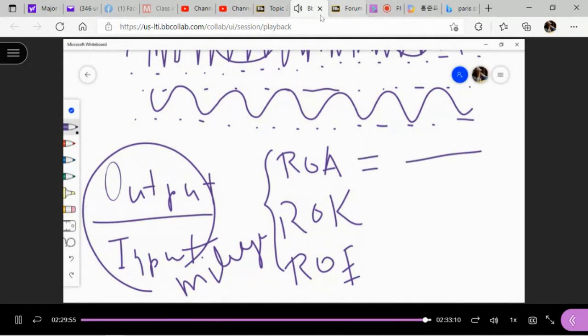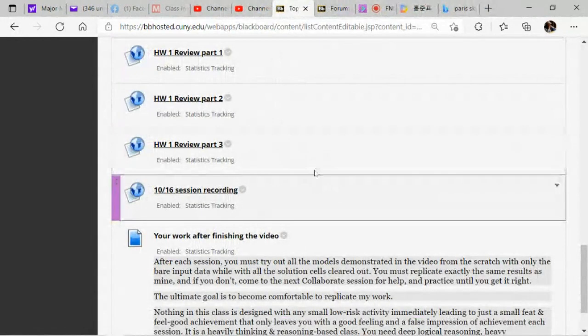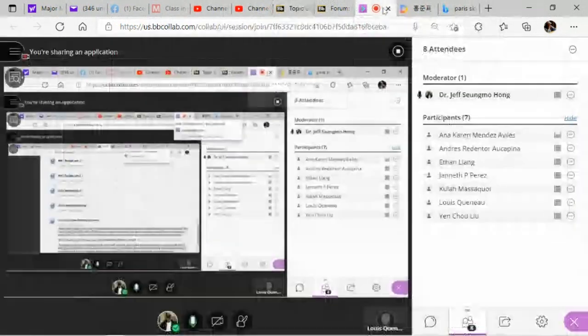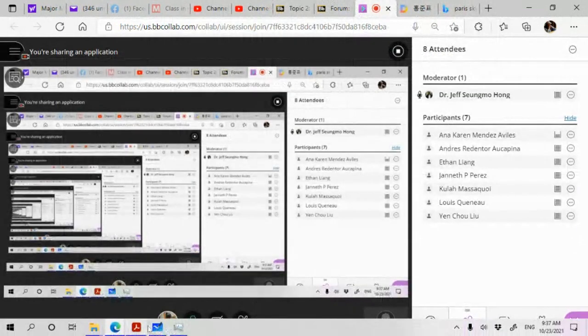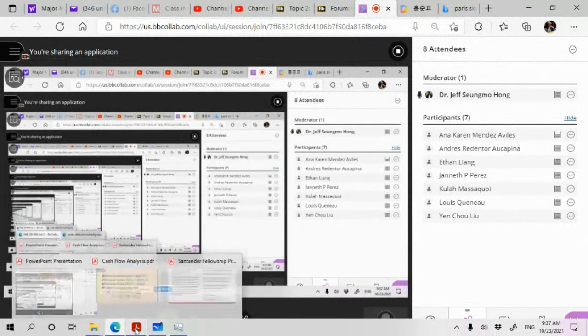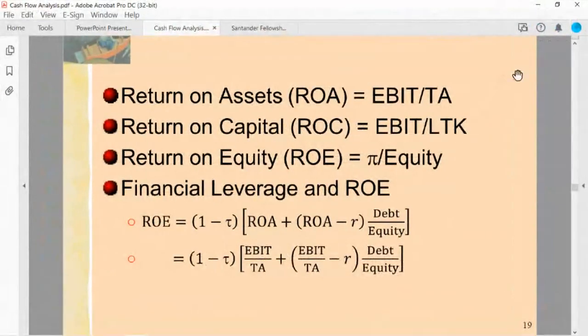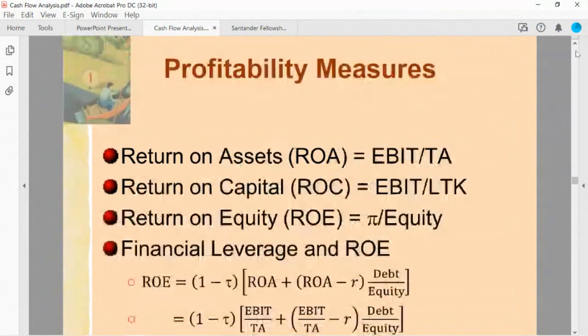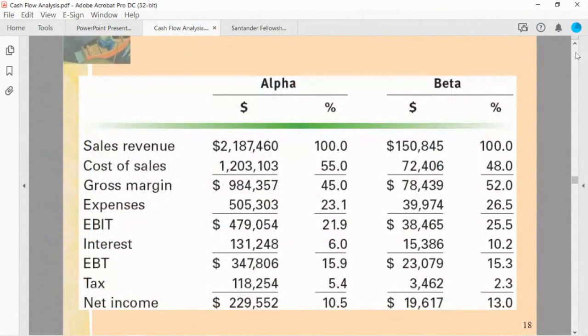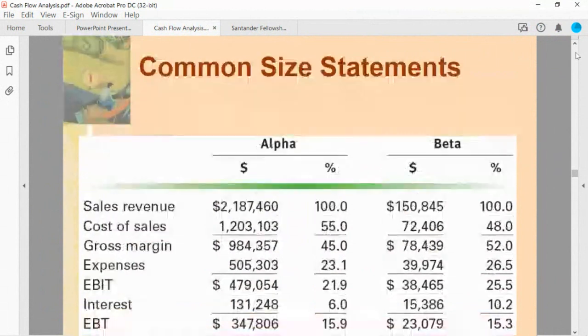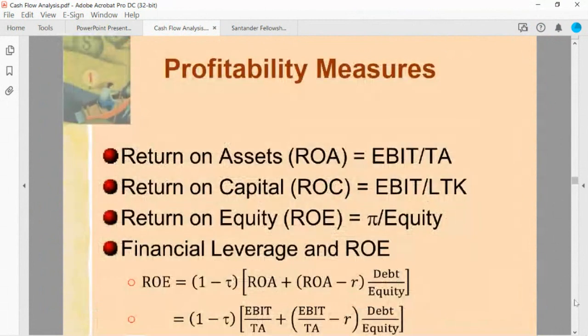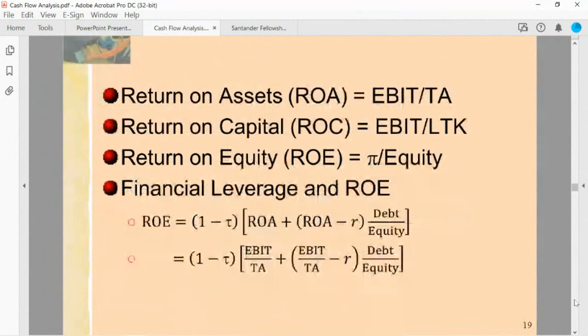So what does this mean? Since I'm sharing the screen, we were here. I tried to give you the concept of the output to input ratio.